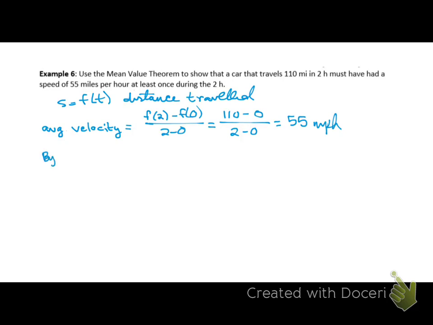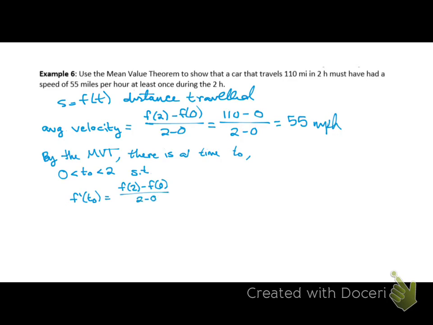So by the mean value theorem, there is a time, I'm going to call it T naught, where 0 is less than T naught, which is less than 2, so between 0 and 2 hours, such that, I'm going to use ST for such that, f prime of T naught is equal to f of 2 minus f of 0 over 2 minus 0, which is 55 miles per hour.